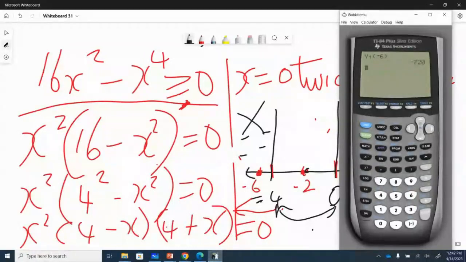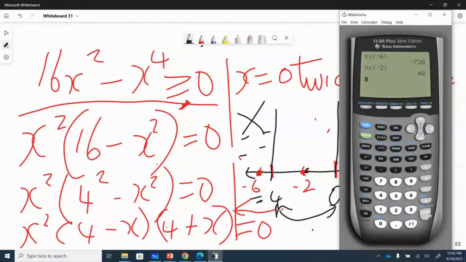Second enter brings down the argument that I put in before. So I'm testing -2 now, and I want my calculator to evaluate -2 for the function in Y1. When I hit enter, I have 48.